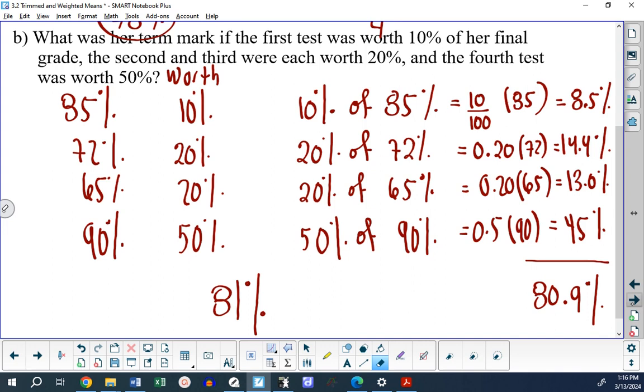How do we find her, quote, average? What we do is we find out what 10% of 85 is, and that mark goes towards her final mark. We find out what 20% of 72 is, 14.4, and that goes towards her final. And we do that for every item, and then we add it up.